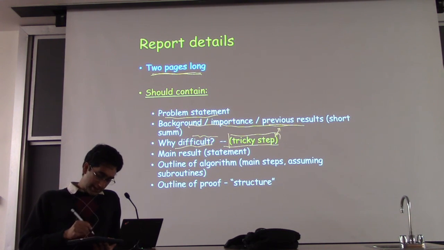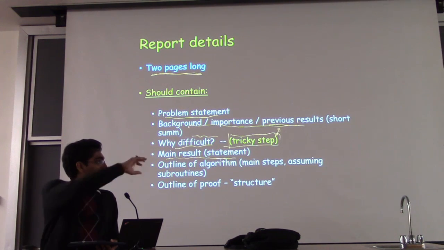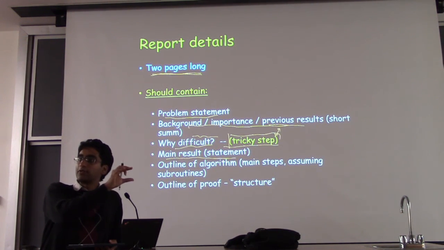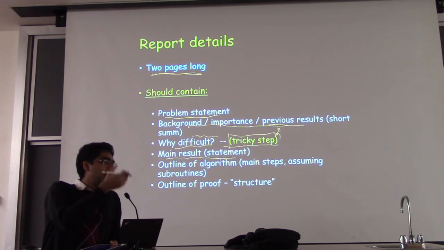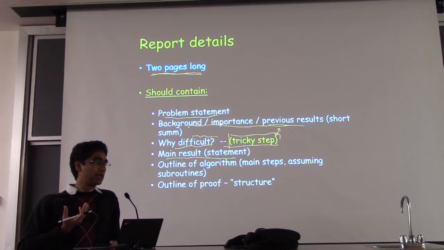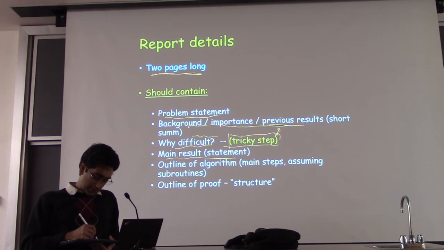Then you should identify what the main result is, and this is related to the problem statement. Oftentimes there will be a broad problem statement that they want to solve, and they'll achieve some partial progress towards it. So you've got to figure out what the main result is.